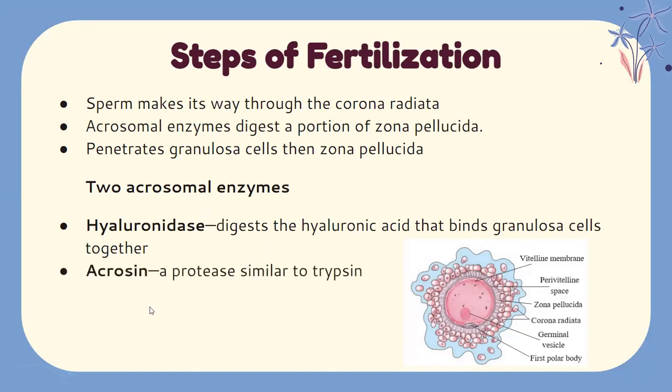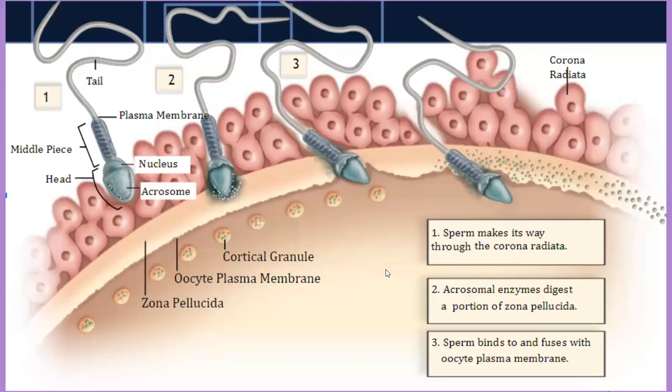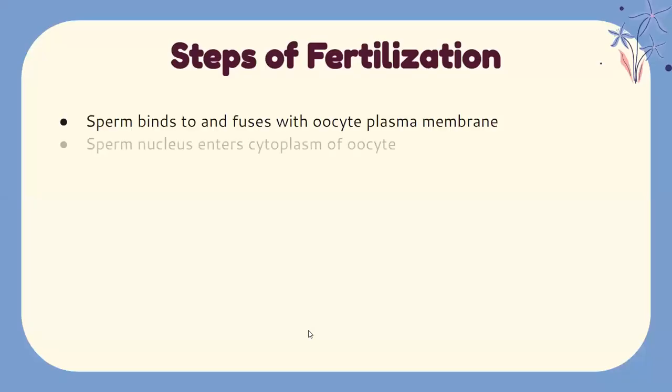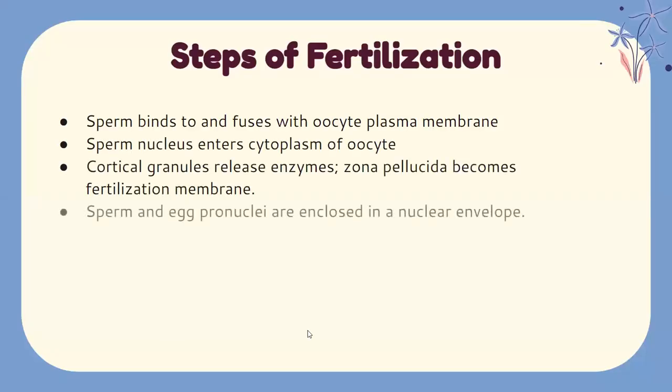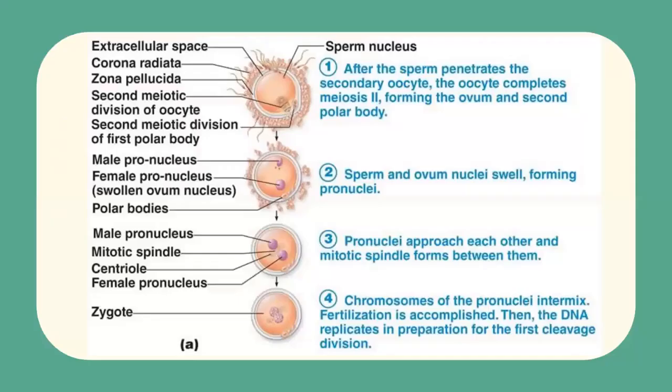These are the enzymes that will participate mostly in breaking the membranes for the sperm to move inside the egg cytoplasm. So steps 1, 2, 3 we discussed. Then fusion of the plasma membrane of the sperm and the oocyte. Then how the nucleus turns, basically how the genetic material swells and becomes pronucleus, and then they come together, form mitotic spindle and centriole protein structures for their fusion, that is genetic recombination.